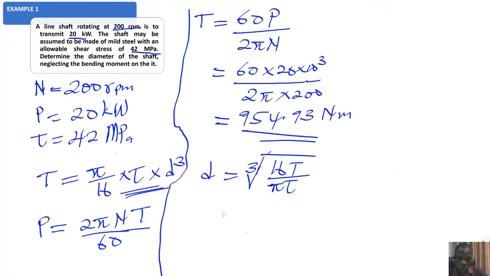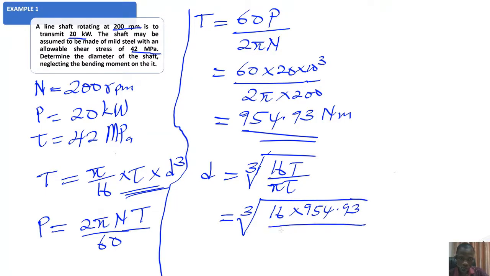We have D equal to the cubic root of 16 times 954.93 divided by pi times tau, and tau is 42 times 10 exponent 6, that's megapascals.